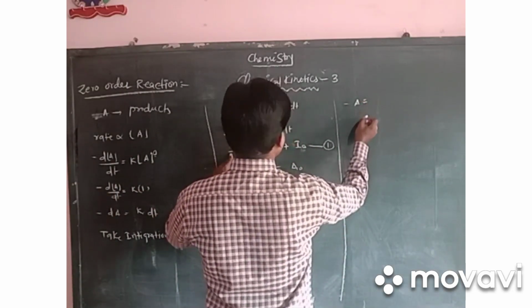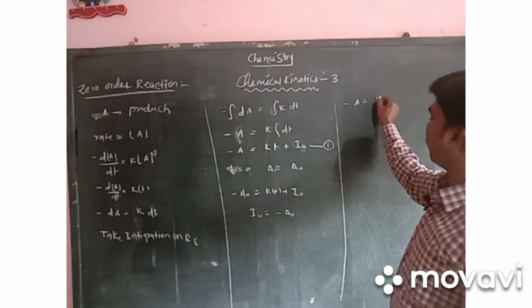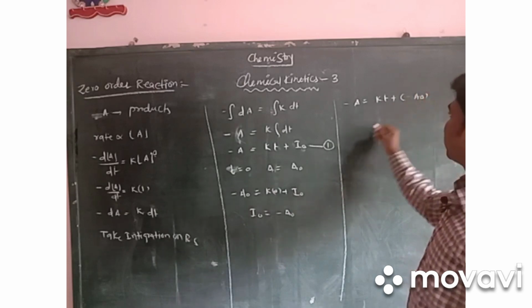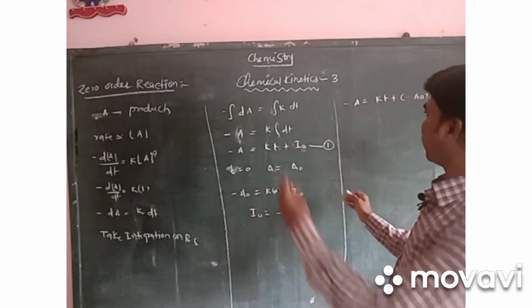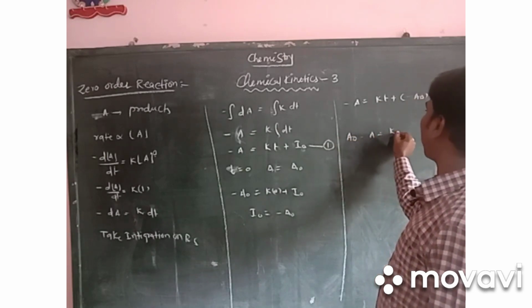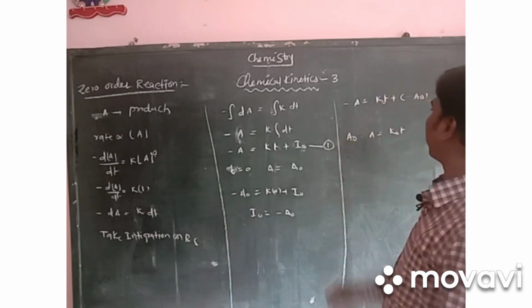Then you substitute this value in equation 1, and you get this type of equation: minus A is equal to k into t minus A naught. Taking minus A naught to the left hand side, you get A naught minus A is equal to k naught into t. This k naught is the zero order rate constant.